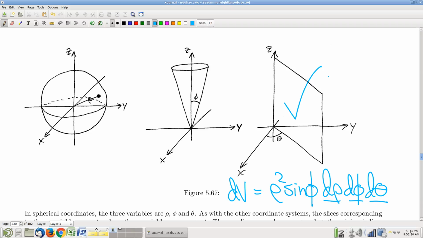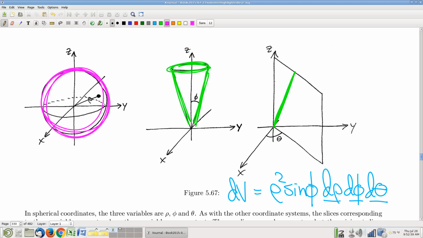Now, inside of that, what does a phi slice look like inside of that theta slice? Well, it's a straight line, right? Whereas, by comparison, a rho slice of this theta slice would be curved and therefore a little harder to work with.